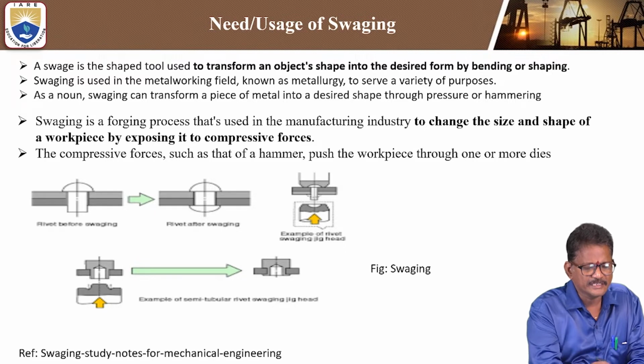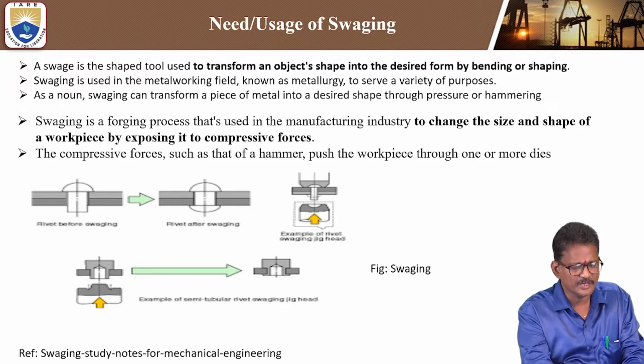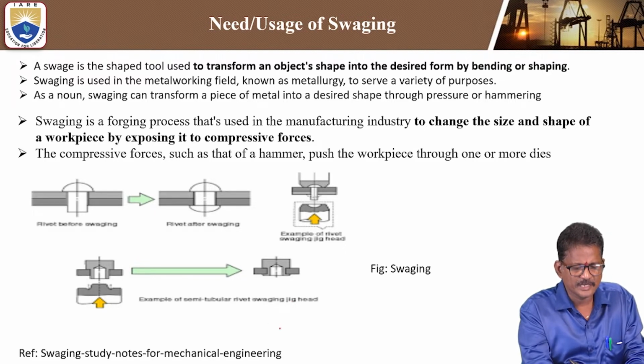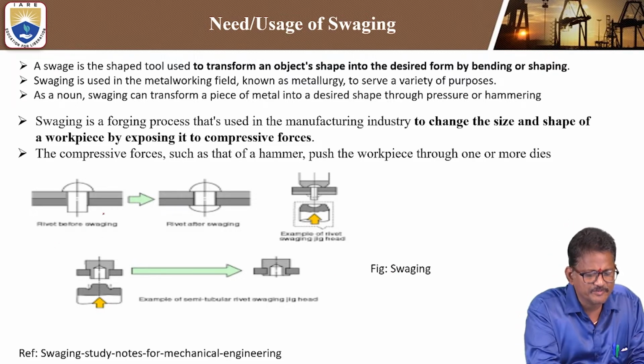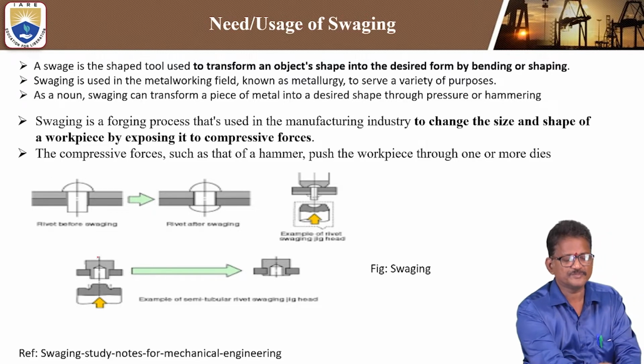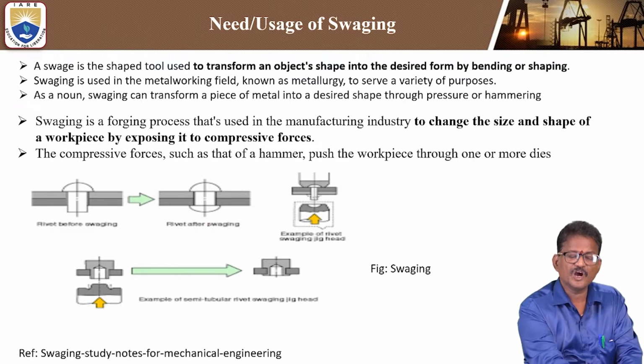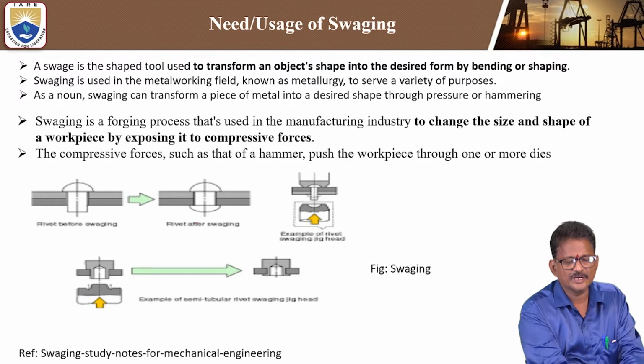Okay, look at this, there are stages of how we perform the swaging process. Initially you can see the position before swaging, and after swaging, the position of the equipment.